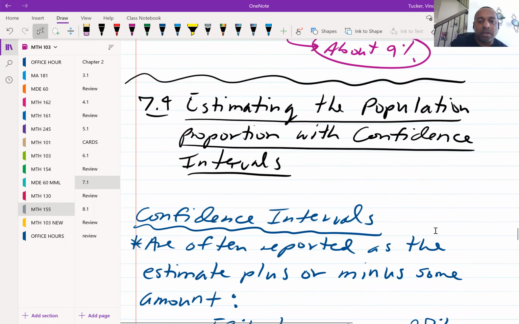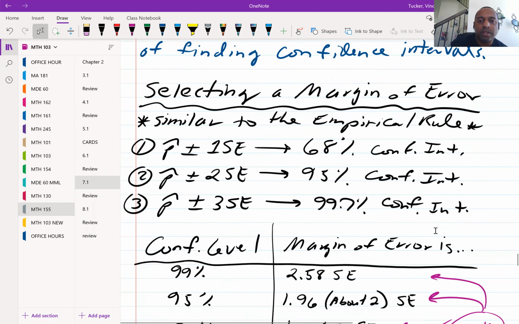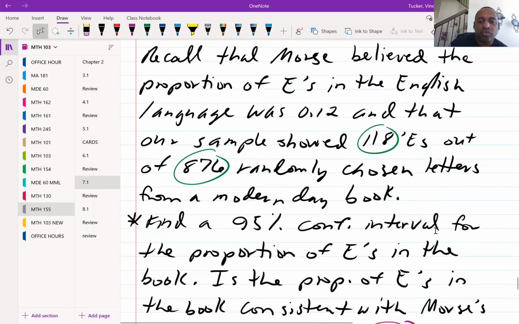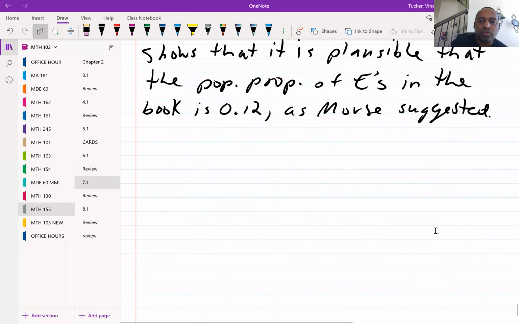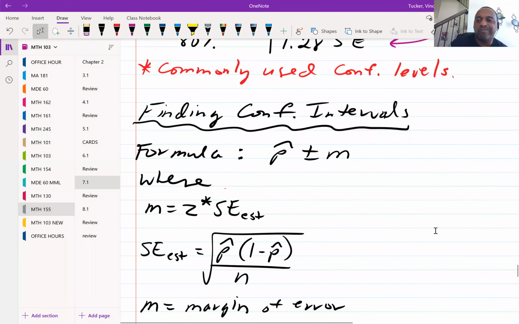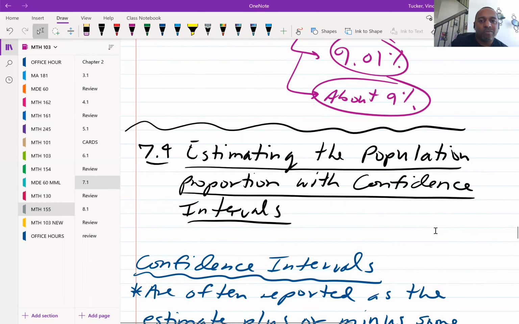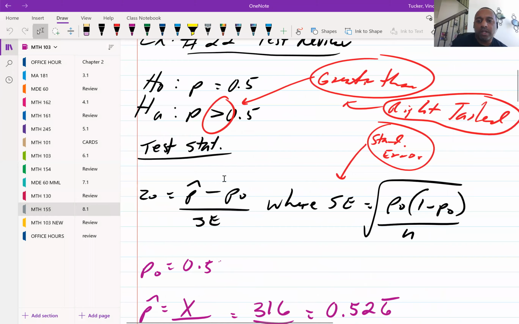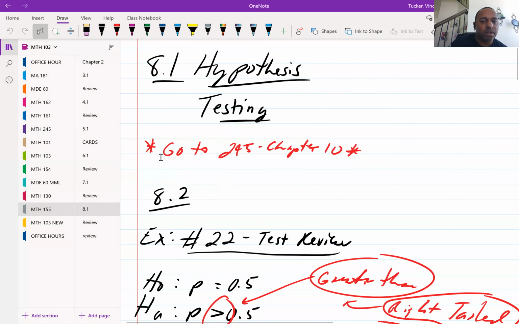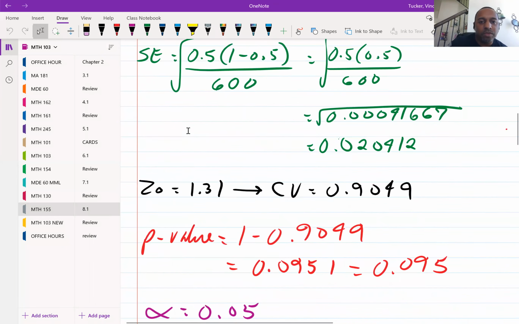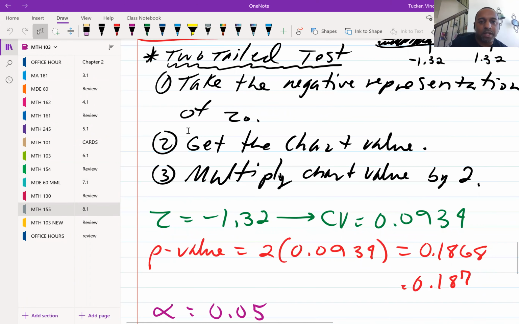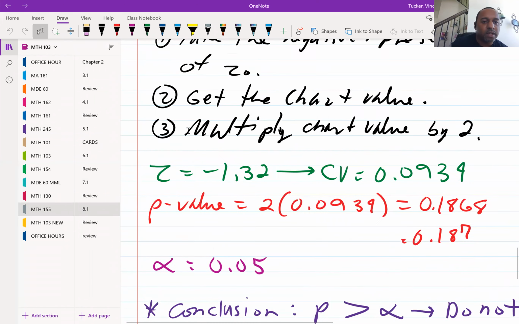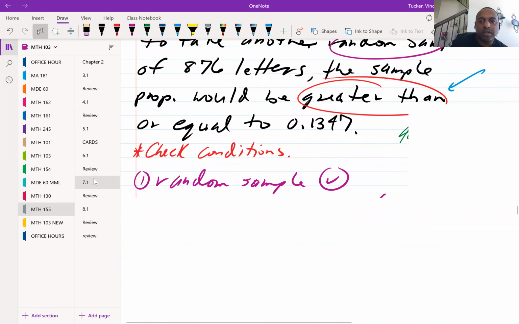Let's see how long 7-4 is. And then 8-1 is this. That's 8-1, 8-2. Trying to see how my sections line up, see how much time we've got.